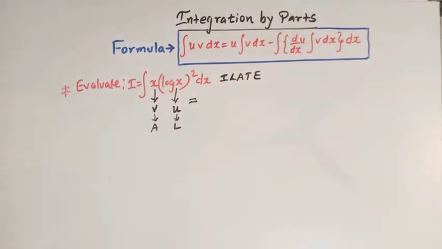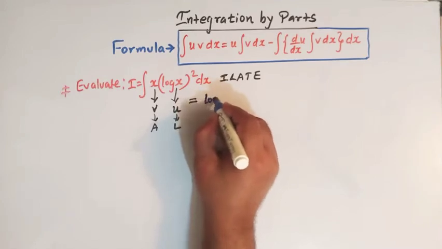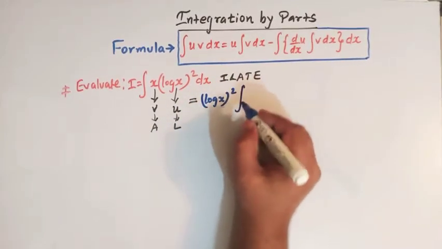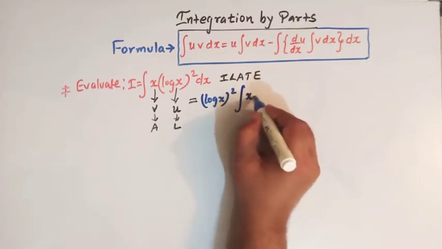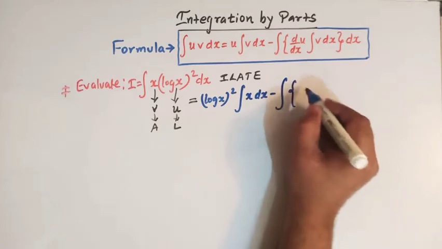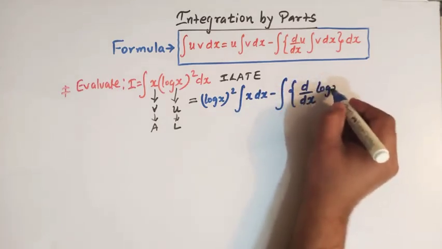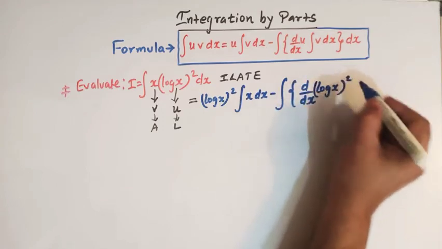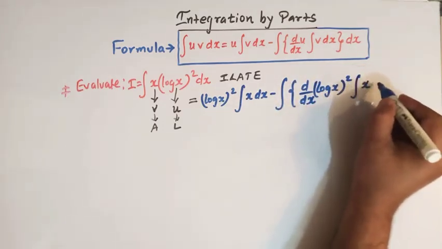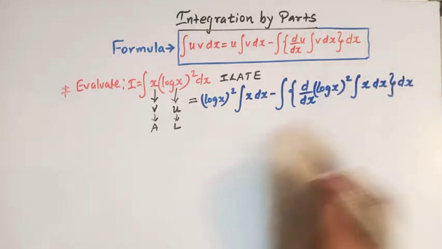So we can write log x whole square here, then we have x dx, then minus integral of the derivative of log x square, and then we have integral of x dx, and this is dx, right?